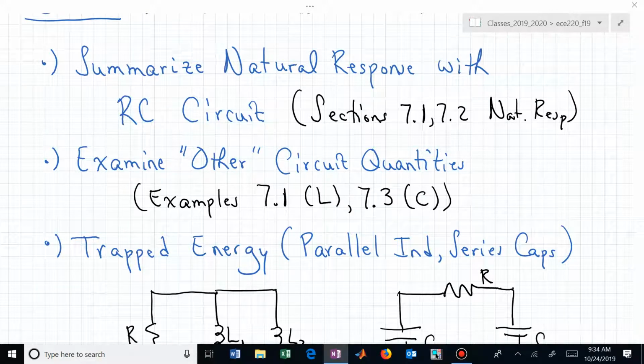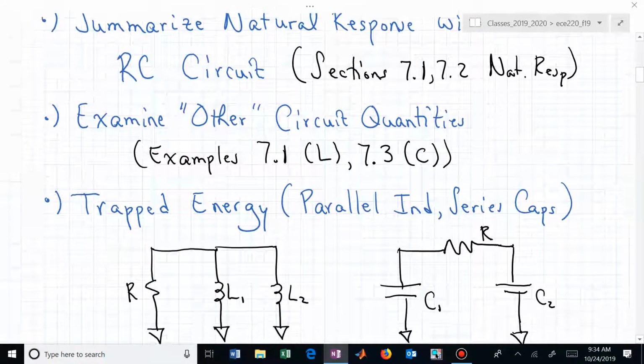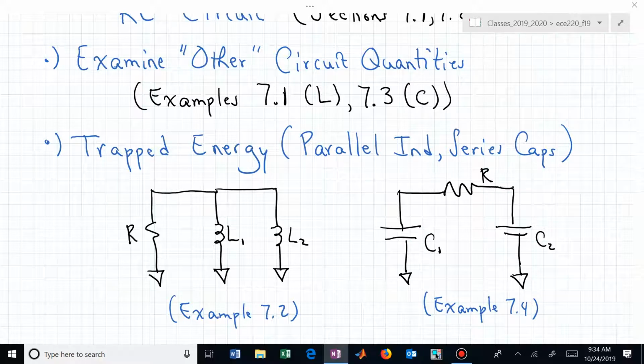We've just looked at a circuit that contains one inductor and one resistor, or one resistor and one capacitor. What if we have other resistors floating around or other capacitors? Can we solve for other circuit quantities? And if you want additional examples, those are in examples 1 and 3 of Chapter 7.